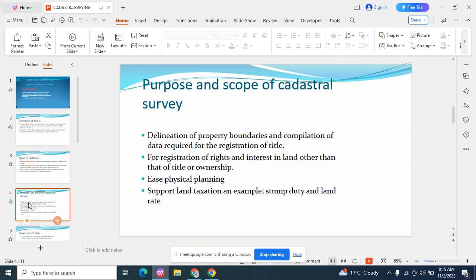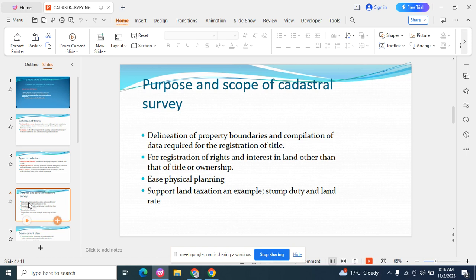Then we are going to state the purpose and the scope of cadastral survey, whereby 1 is the delineation of property boundary and the compilation of data required for registration of title to a land. This one is limited to a given parcel.